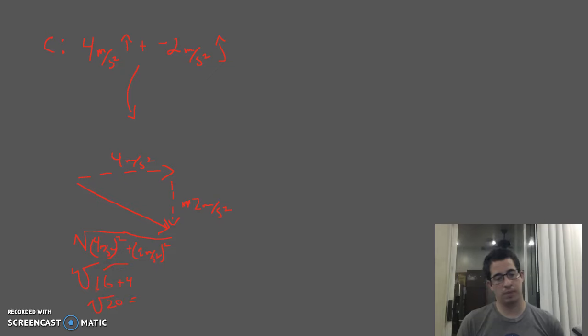And so we get a magnitude of about 4.47 meters per second squared. So that's the magnitude of this vector. So vector C is 4.47 meters per second squared.